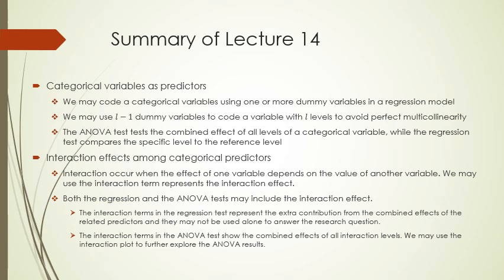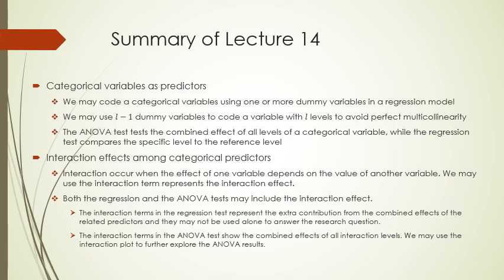Interaction occurs when the effect of one variable depends on the value of another variable. We may use the interaction term to represent the interaction effect. Both the regression and the ANOVA tests may include the interaction effect.